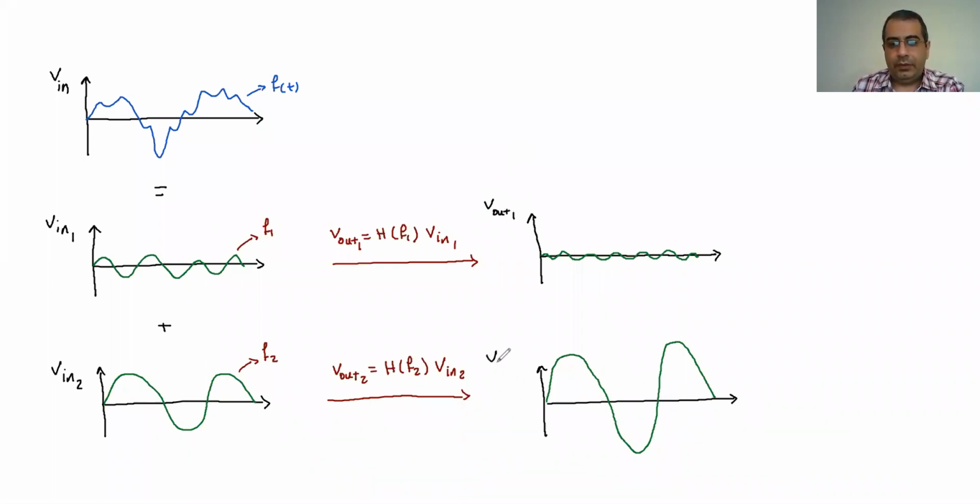This is going to be my V output 1, and this is V output 2. Then I add these together to get the final one. If I add them together, it's going to give me the final output signal, something like that, for example.